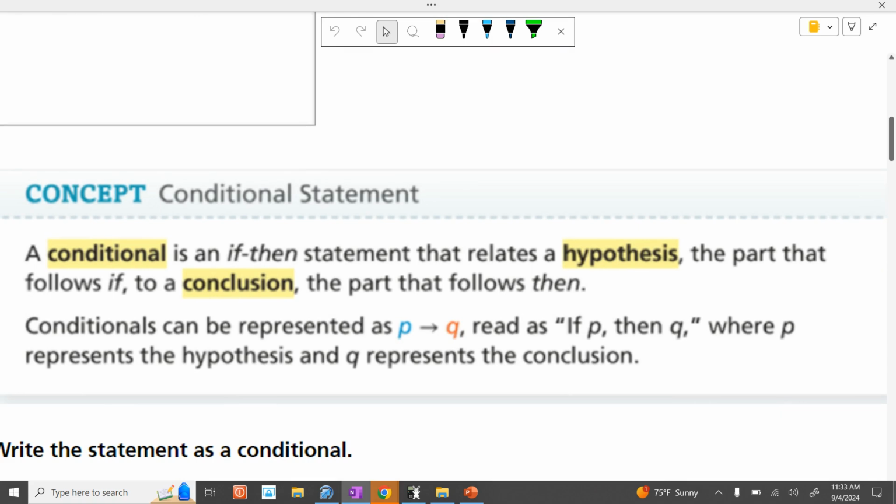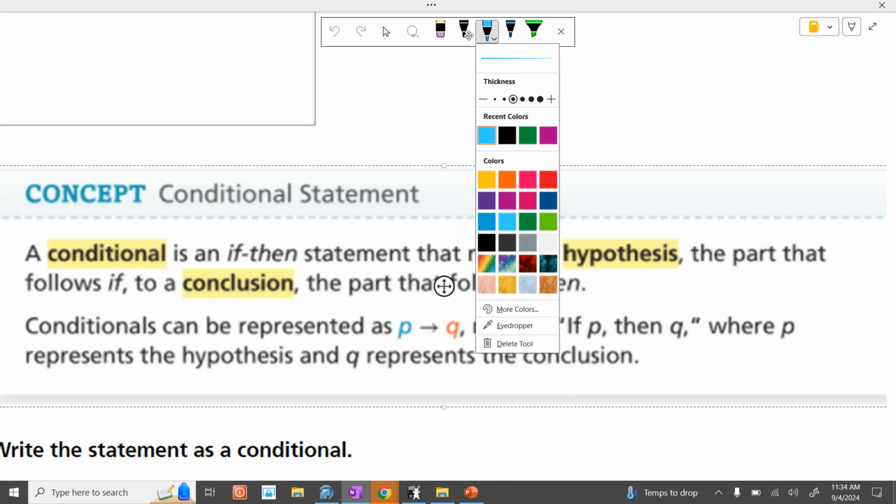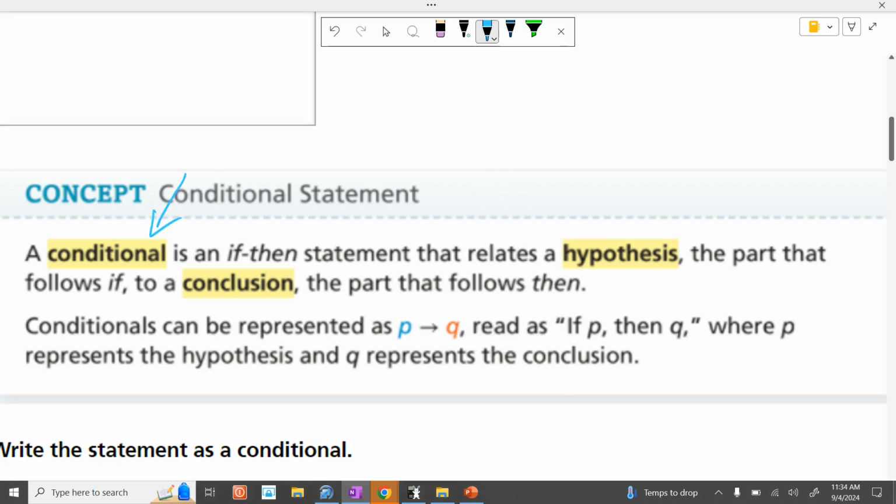So, a conditional, we're going to talk about conditional statements. A conditional is an if-then statement that relates a hypothesis to a conclusion. So, just say an if-then statement that relates a hypothesis to a conclusion.